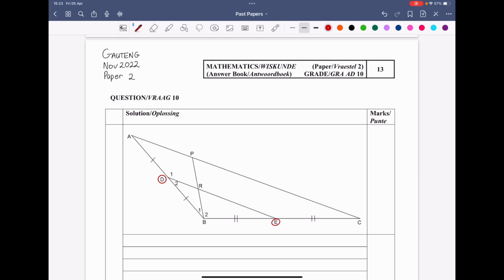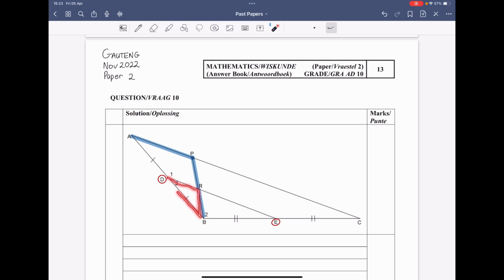All right, and then I'm told that point P, which is this one, is a point on BC such that PA is equal in length to PB. So these two are equal in length. And PB cuts DE at R. Okay, and then prove that RDB is isosceles.